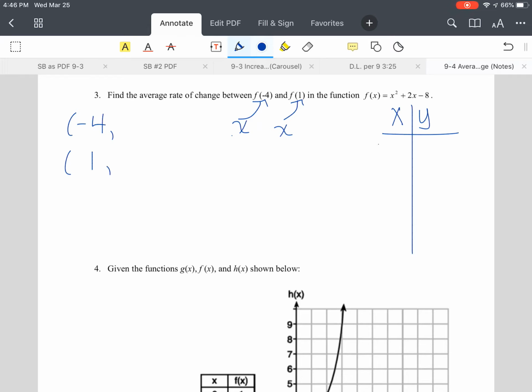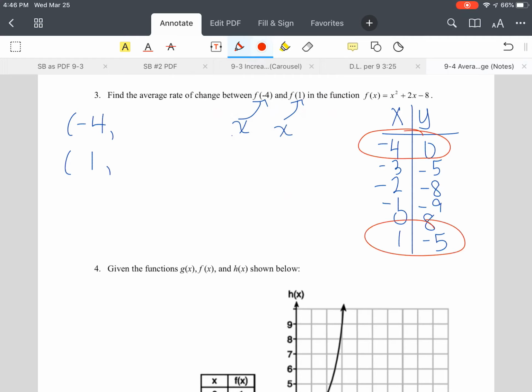So when I look at the table, negative 4 is 0. I don't need these, but I'm just going to fill it in so you can kind of see. Negative 3 is negative 5. Negative 2 is negative 8. Negative 1, negative 9. 0 is negative 8. And 1 is negative 5. Okay, so I'm interested in negative 4, and I am interested in 1.